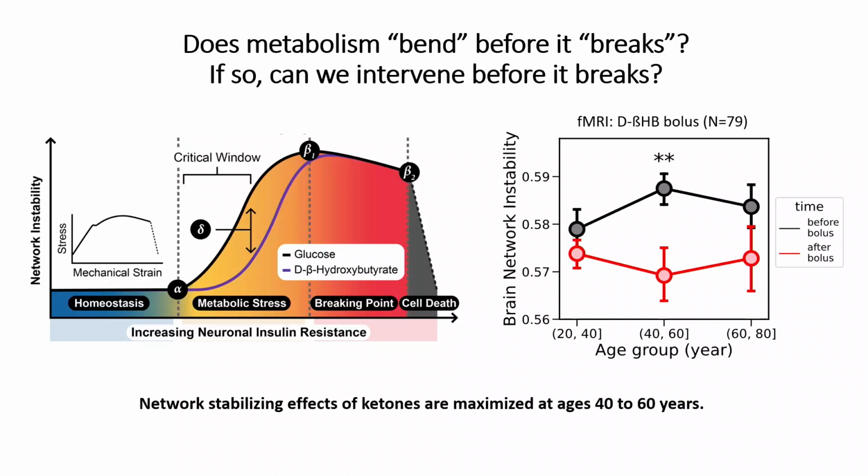And then once we get to the older age groups, the stabilizing effects started to diminish, where it might be beyond the breaking point. So to sum it up, these results suggest that metabolic intervention works, but we have to start as early as the 40s. And above a certain age, it might not be effective anymore.